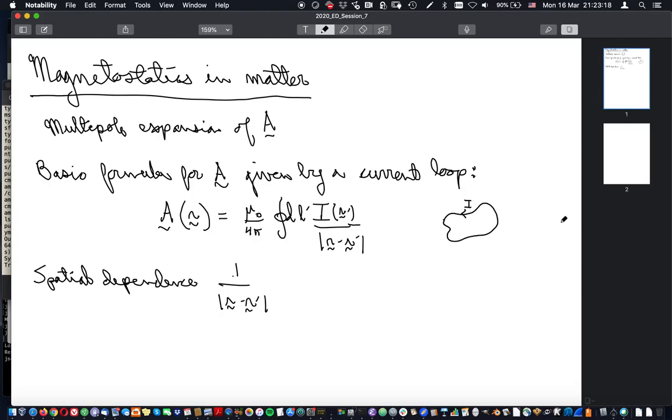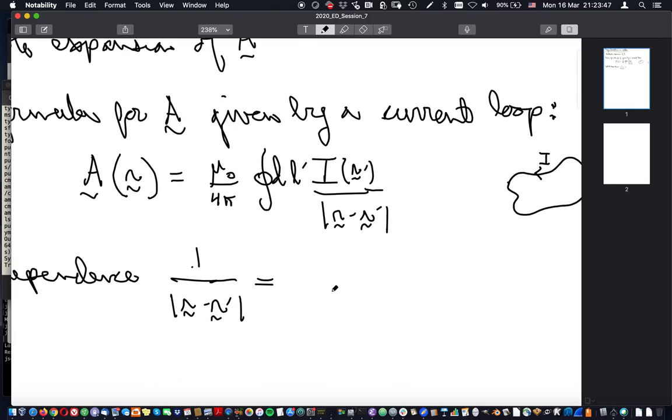If you have a certain observation point r that is quite far away from the points you're considering here, then you can actually expand this fraction 1 over r minus r prime in useful fashion. That's the kind of generic formula that we gave when we discussed the multipole expansion of the electrostatic potential. So this 1 over r minus r prime you can rewrite as a series.